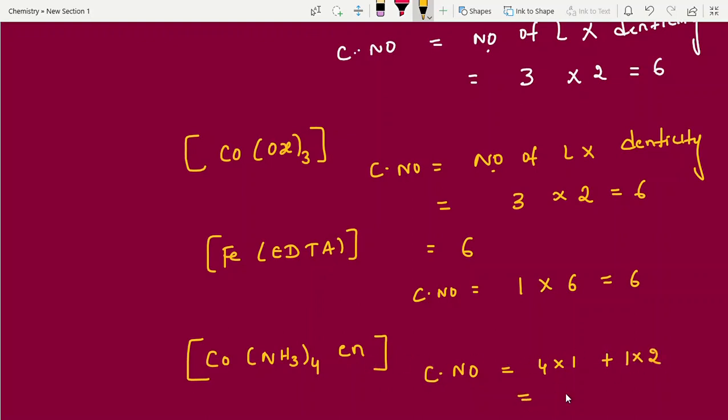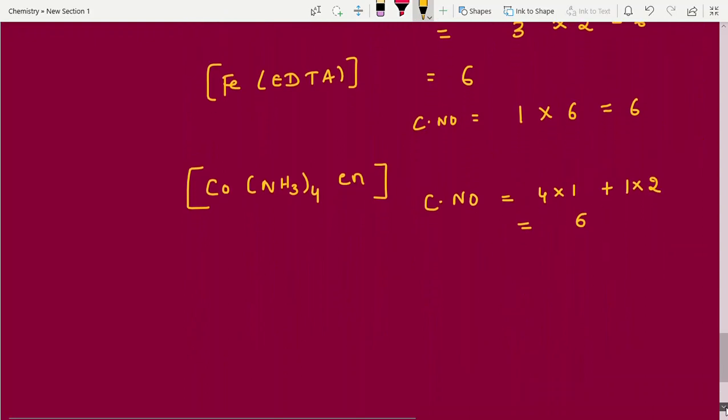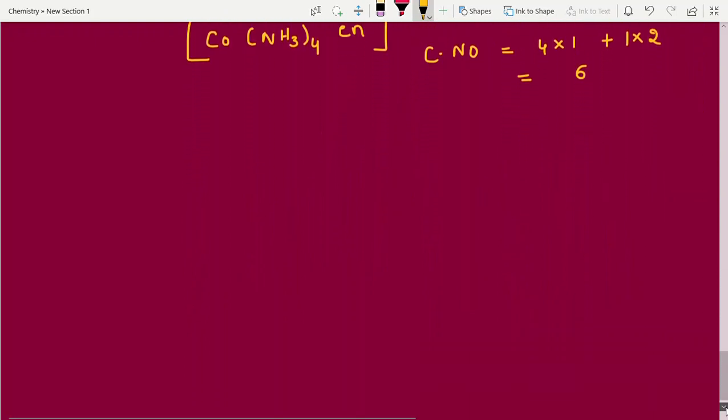That's it. 4 plus 2, 6. Whenever you see cobalt complexes, definitely it is 6 coordination number. It forms octahedral complexes. Nickel tetrahedral, like that. Not always, but maximum examples they will give like that. But I have given a shortcut also. Based on the shortcut, remaining questions we can work out.